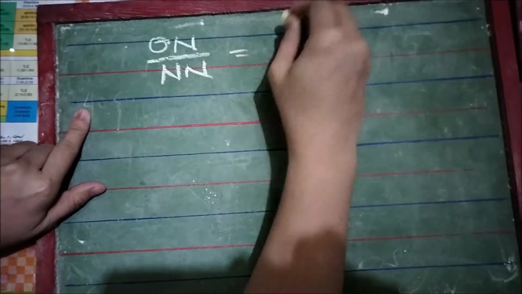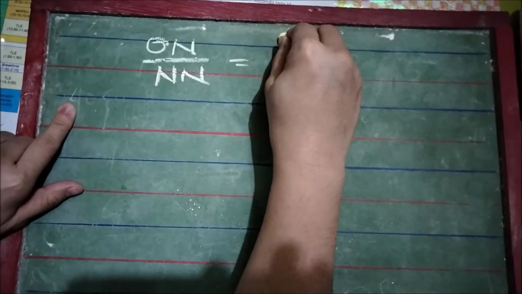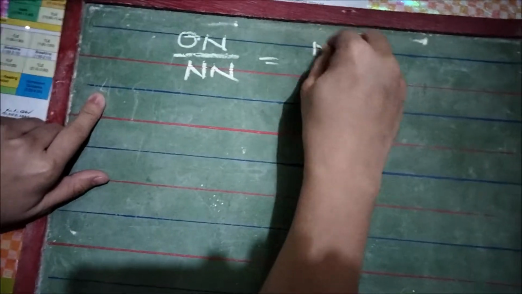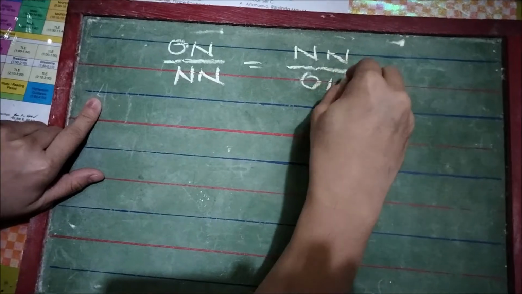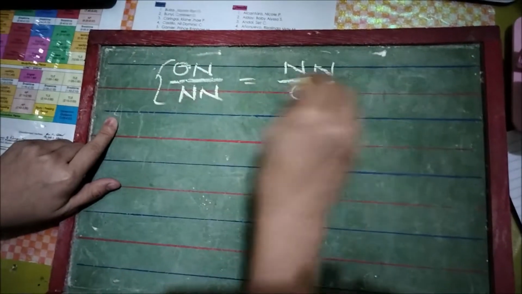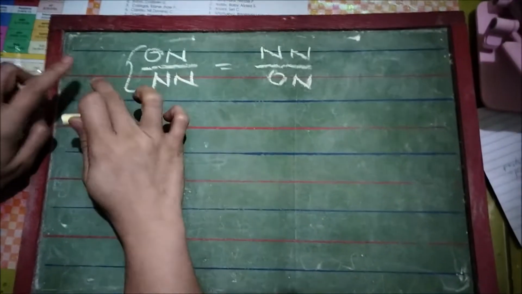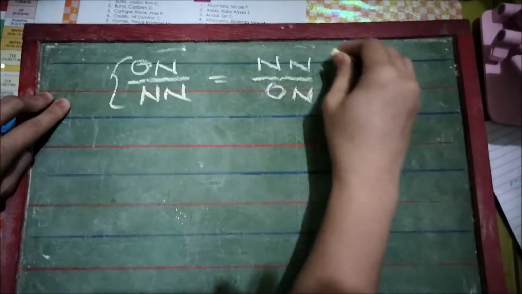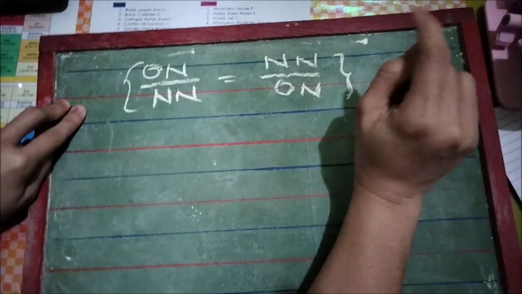So equals, we have here the new number over original number. But then of course, this ratio must pertain to a certain variable, and this ratio must also pertain to a certain variable.